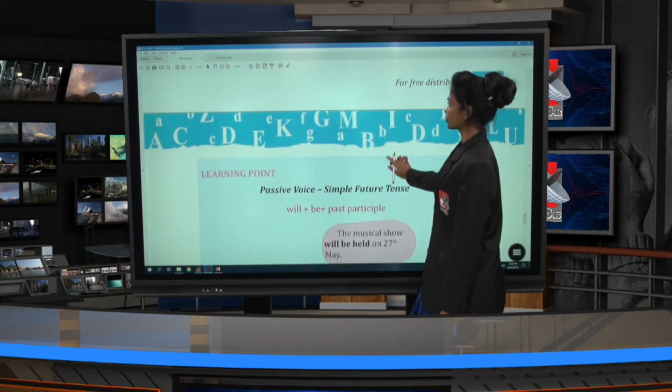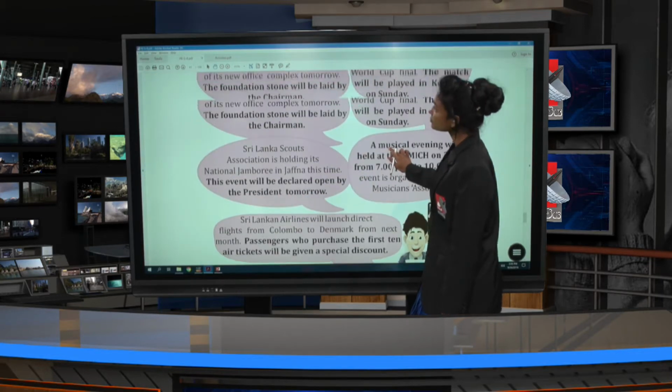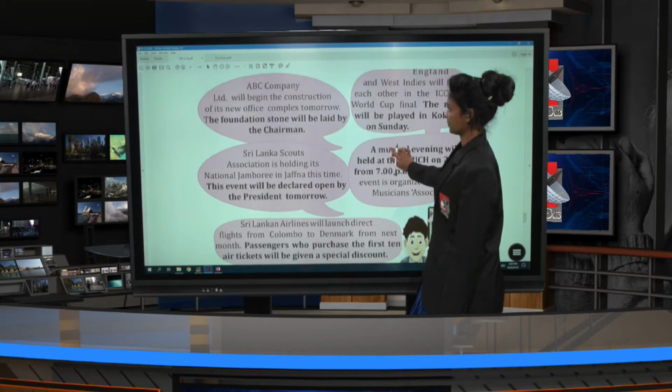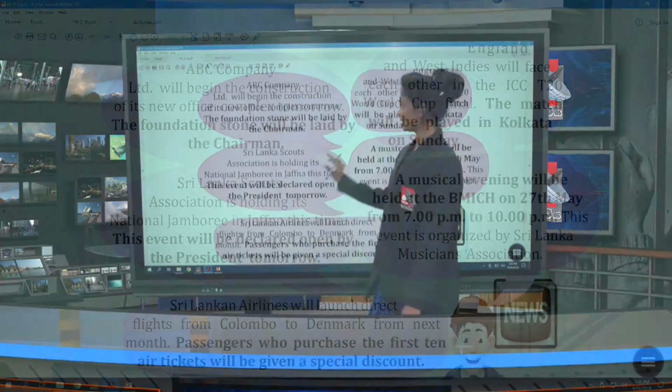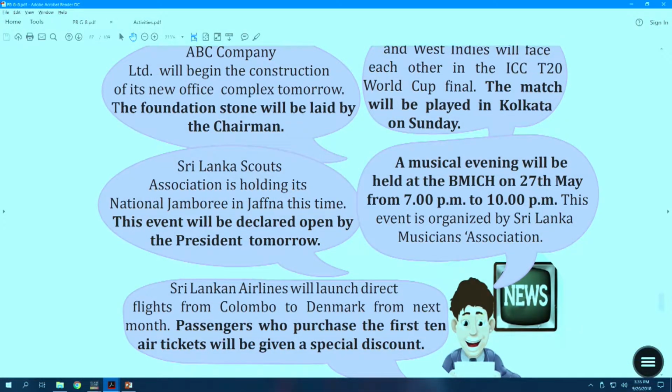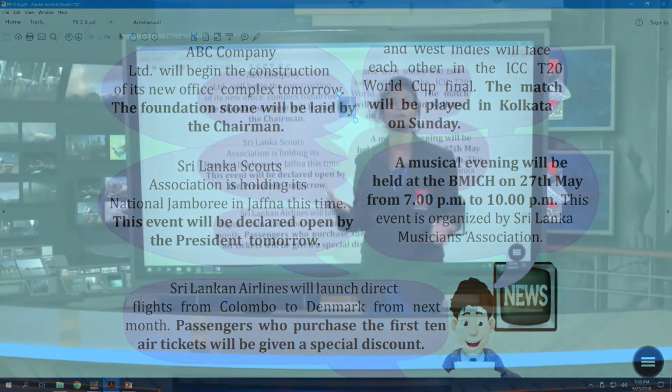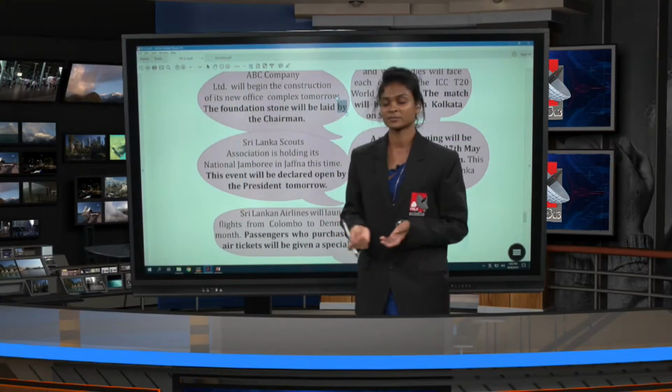And go back to page number 87. Here, the headlines which we read earlier, I am going to take your attention only to the bolded text. In the first one, the foundation stone will be laid by the chairman. You can guess it's a passive one.